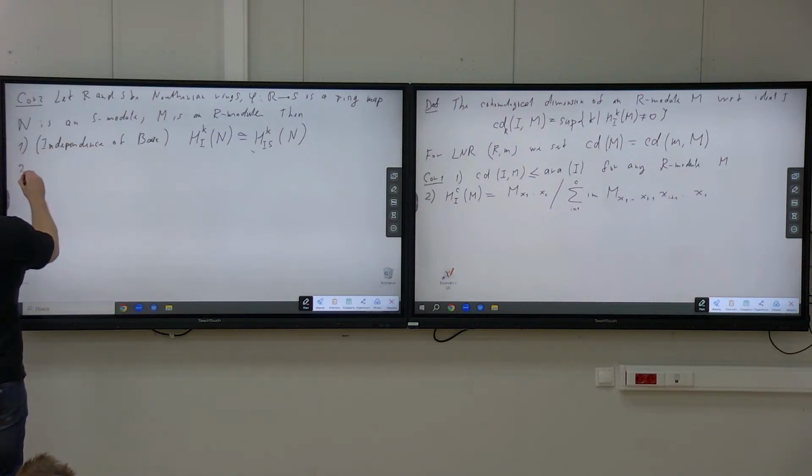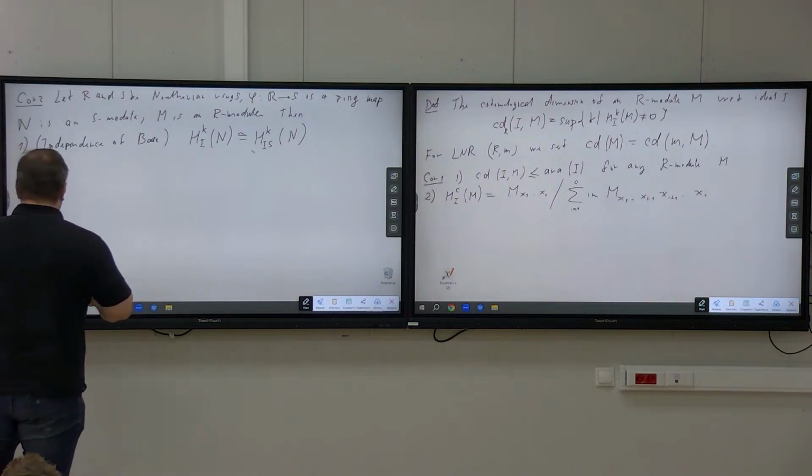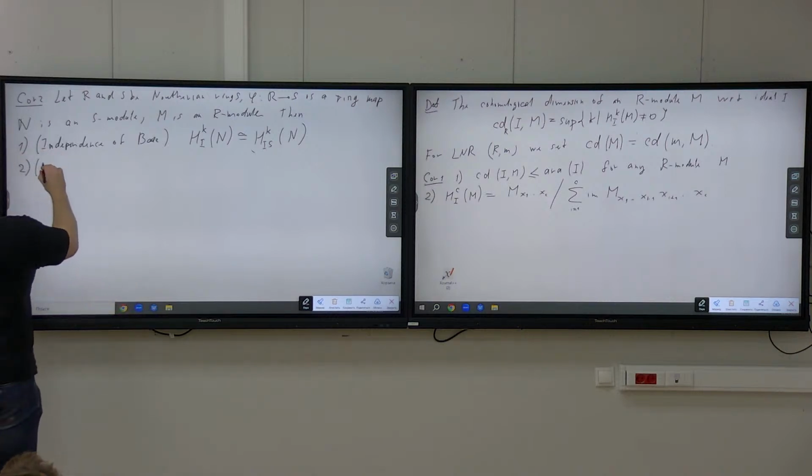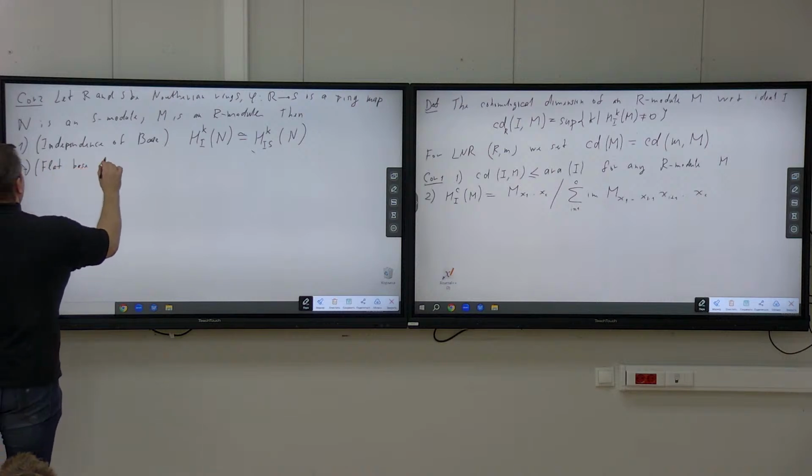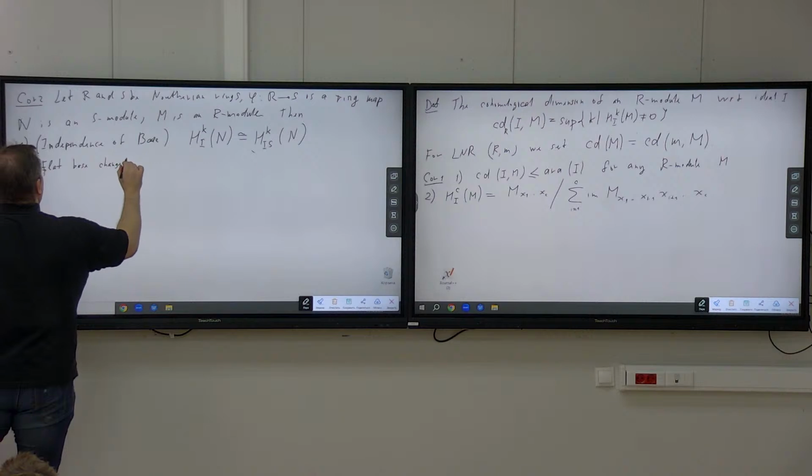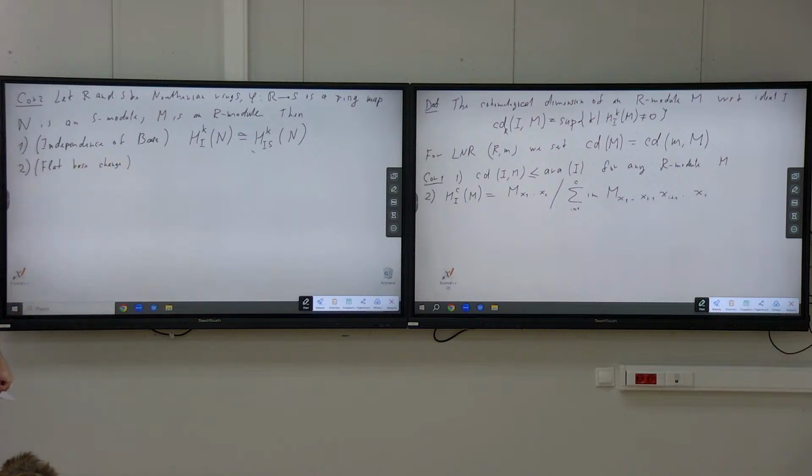And the second part of this corollary is the flat base change. Well, base change is more like algebraic geometry. In algebra, probably better to call this flat extension of scalars, something like this.